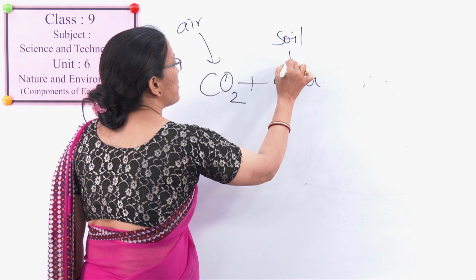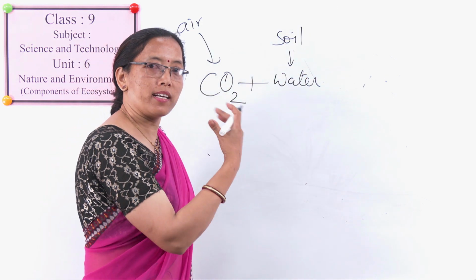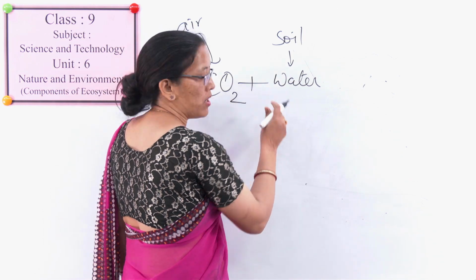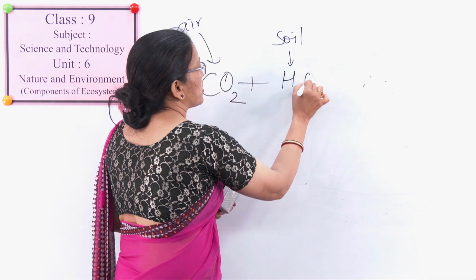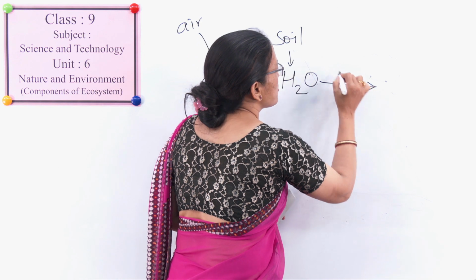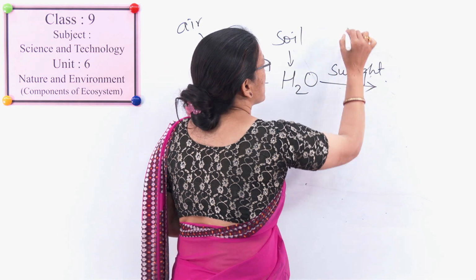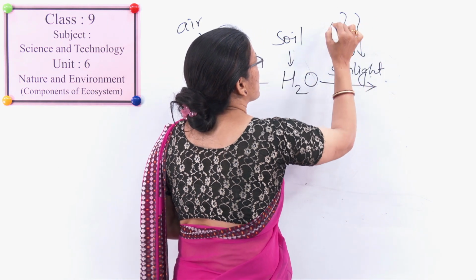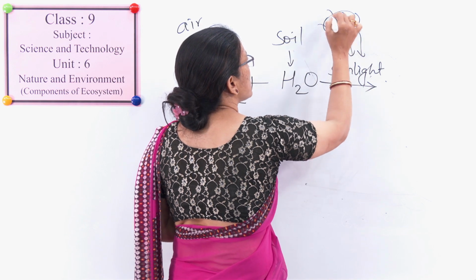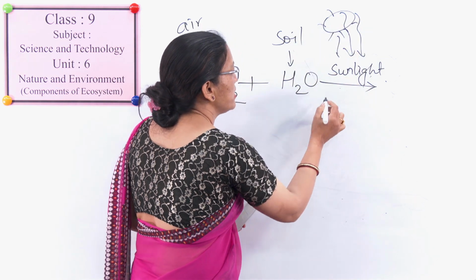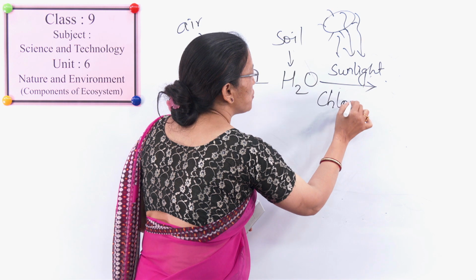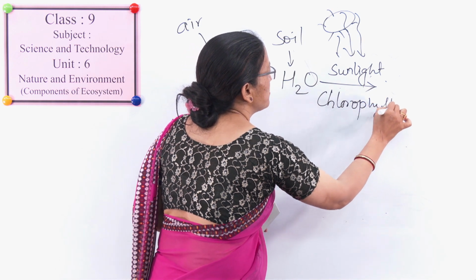If it is an aquatic organism, they get water from there only. By using this water in the presence of sunlight, from the sun, then in chlorophyll, what do they do?